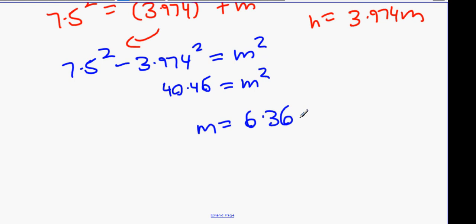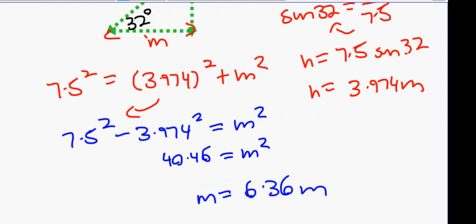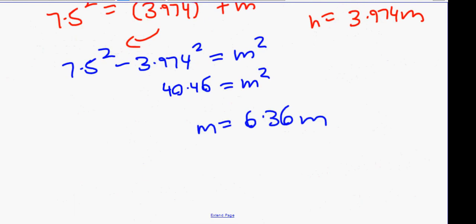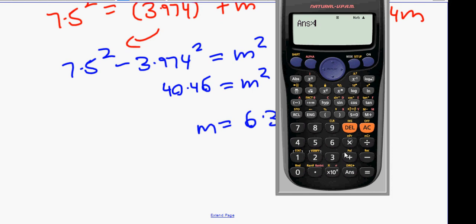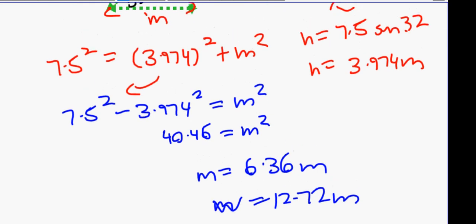Is that our answer, lads? Because he only got half of it. So I need to multiply that answer by 2. So when I multiply this answer by 2, 12.72 meters. So W equals 12.72 meters. Okay.